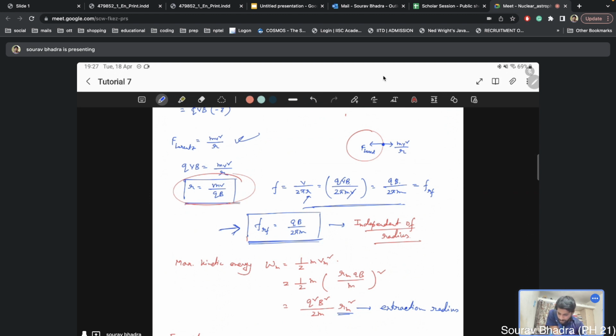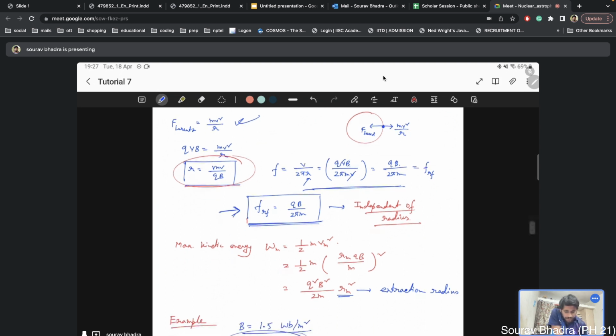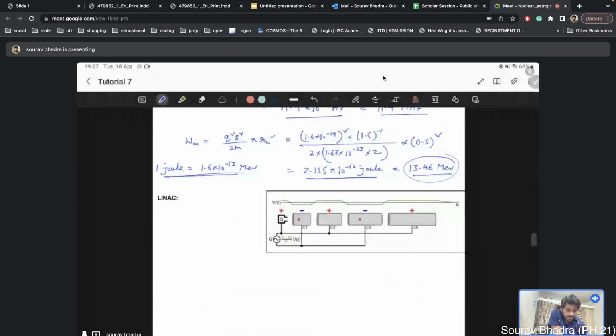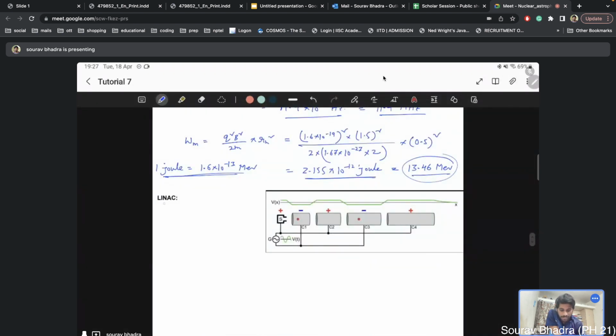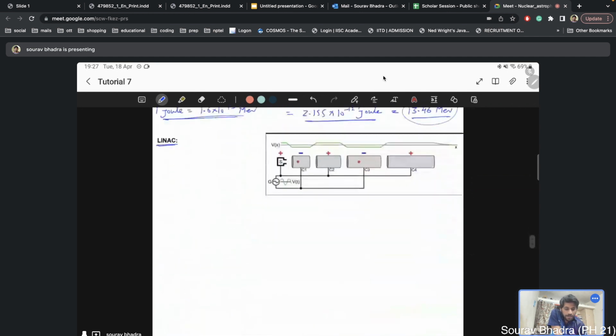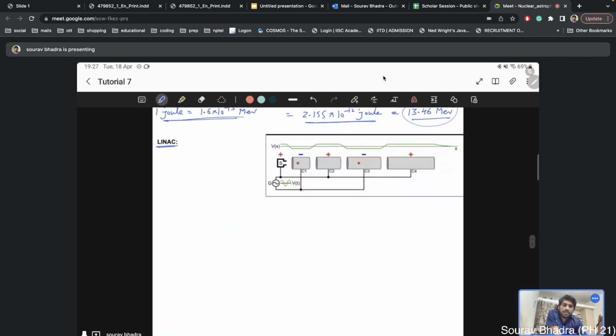Now another thing I will do quickly, that is the linear accelerator, or the LINAC. The previous one was the circular accelerator, the cyclotron, but here the acceleration happens in a straight line.